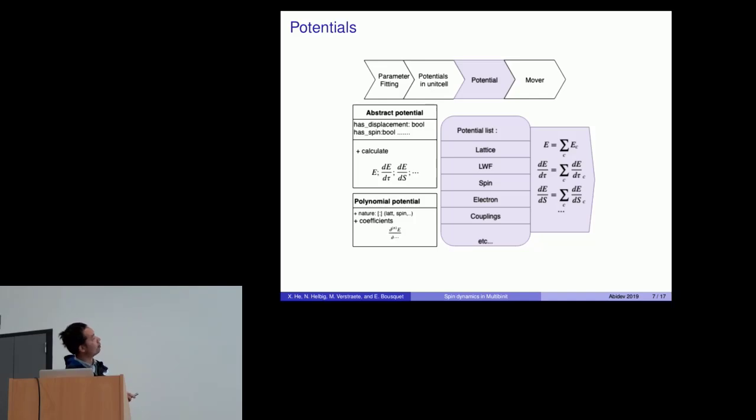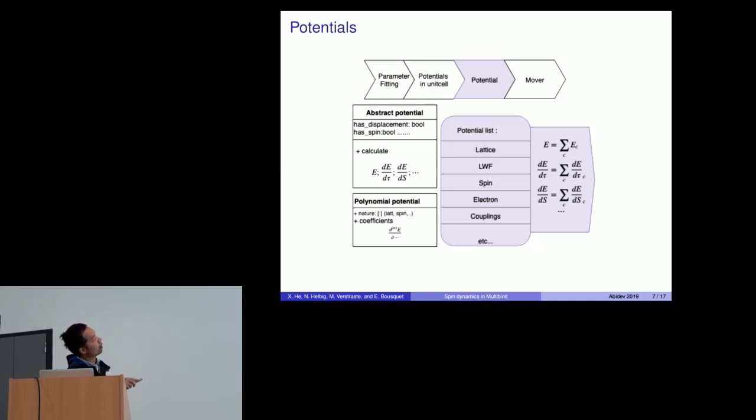So we have an abstract potential class which defines a few things, and each of them should be able to calculate the energy and the derivative with respect to the degrees of freedom. Because many of the potentials are polynomials, we also build abstract polynomial potentials, so we can easily build these kinds of potentials.